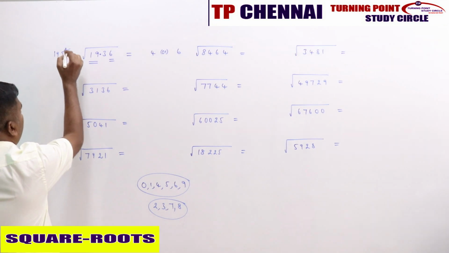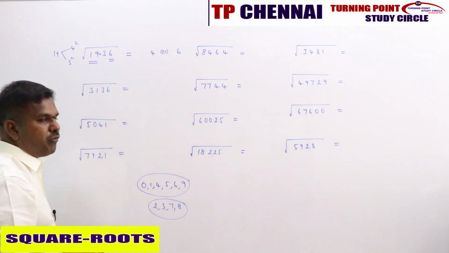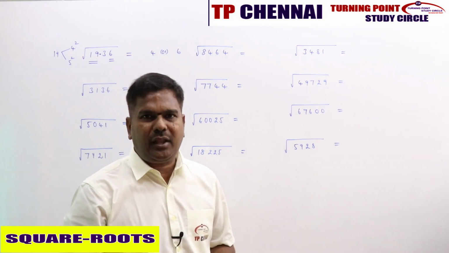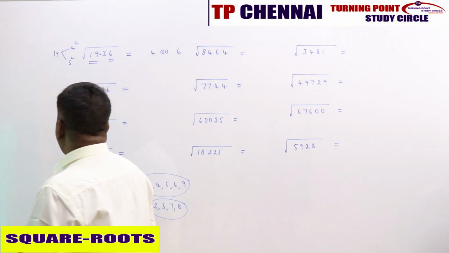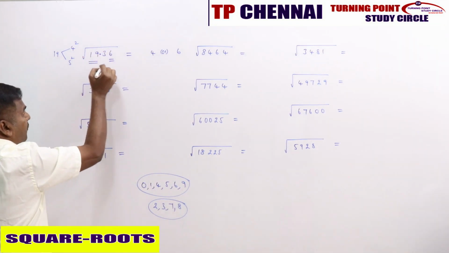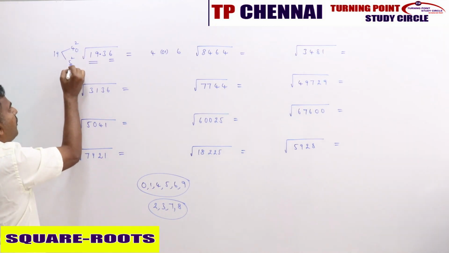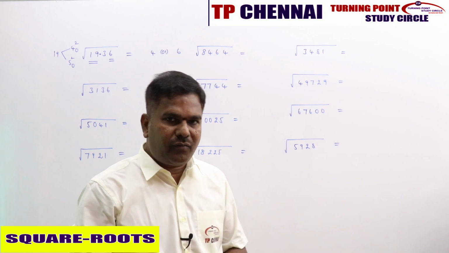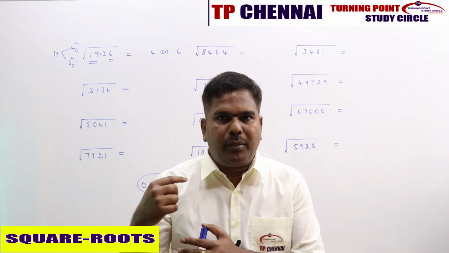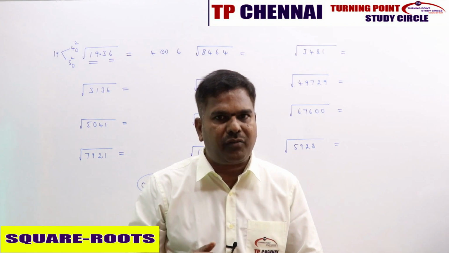So 19 is lying between 4 square and 5 square. What is the meaning of that one? You know what is the meaning of that one? The meaning is, for this entire number, the square root of 1936 is lying between 40 and 50. That's it. The square root will be lying between 40 and 50.